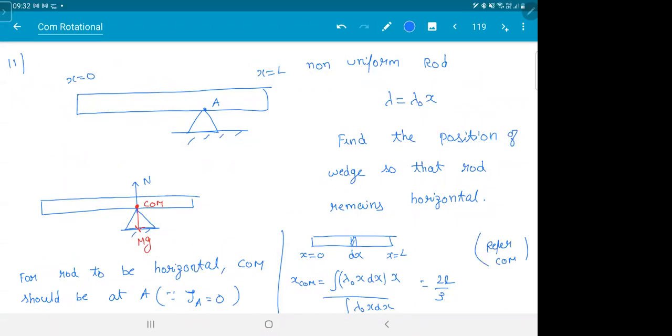You should know your center of mass results. Clear with this? Turning the page.